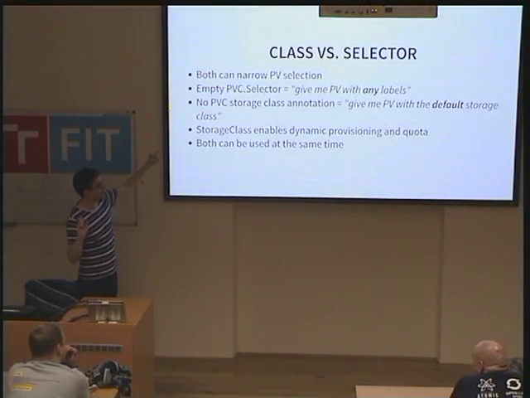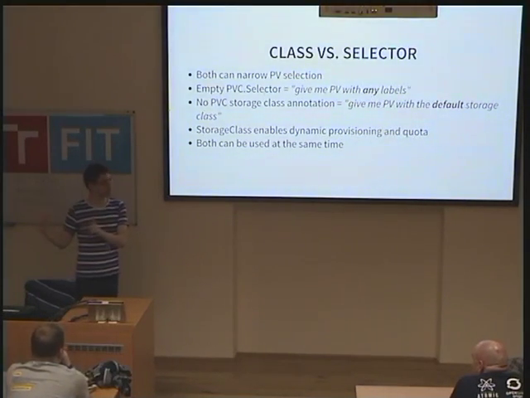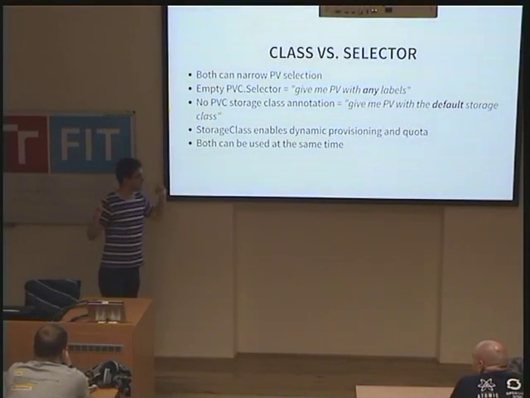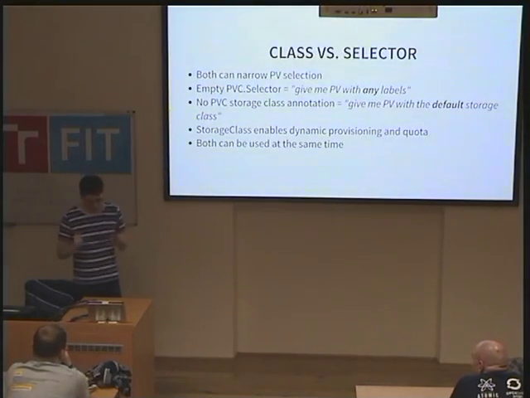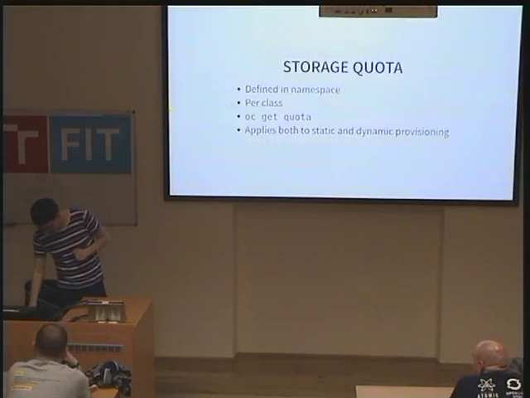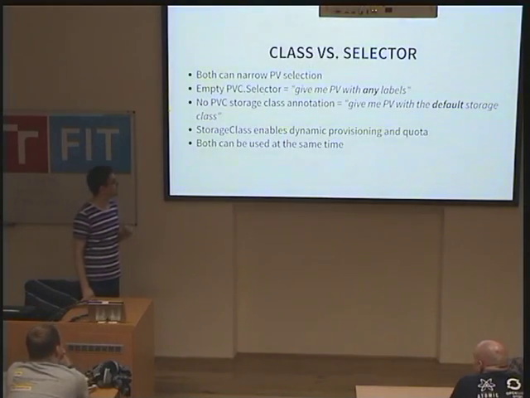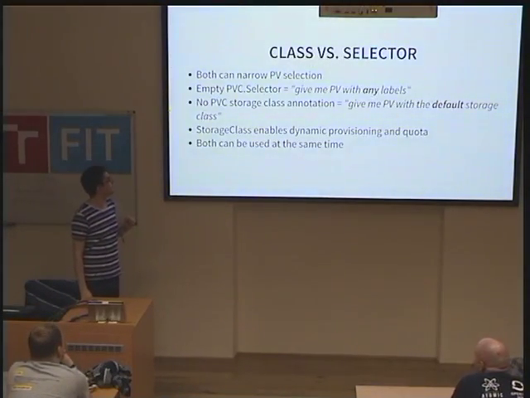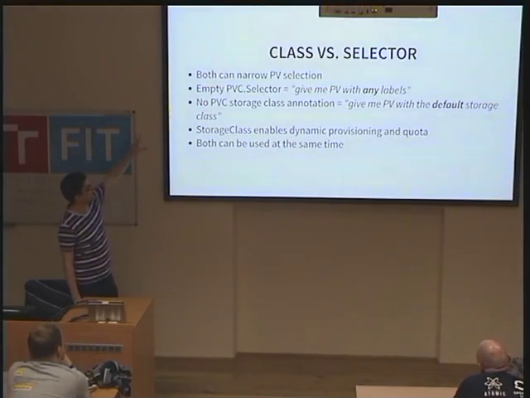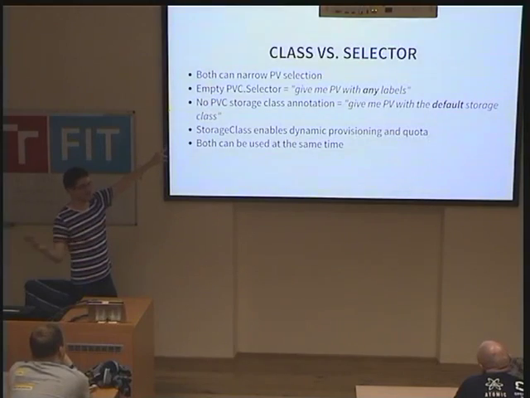This way, you can restrict some volumes to certain namespaces using quota. Because, do I have a slide about quota? Yeah, I have. So I will say about quota soon. So that's the difference between classes and selectors. If you don't specify any selector, you get anything.